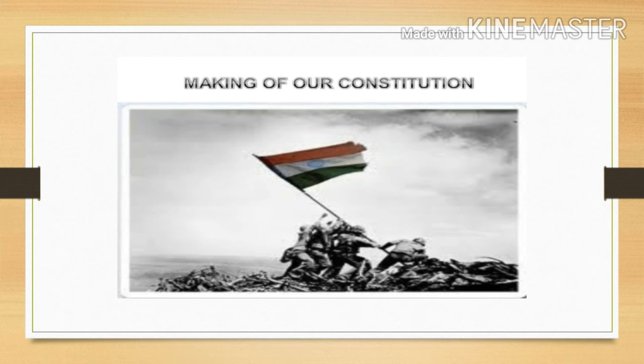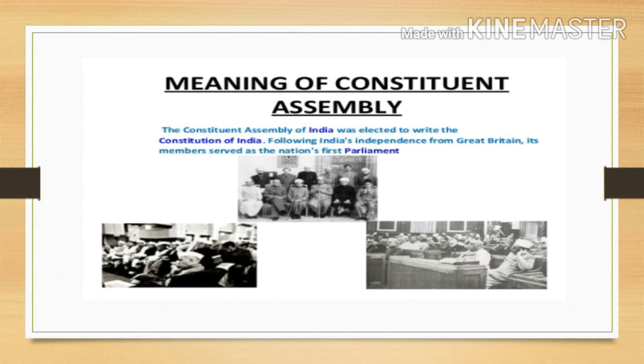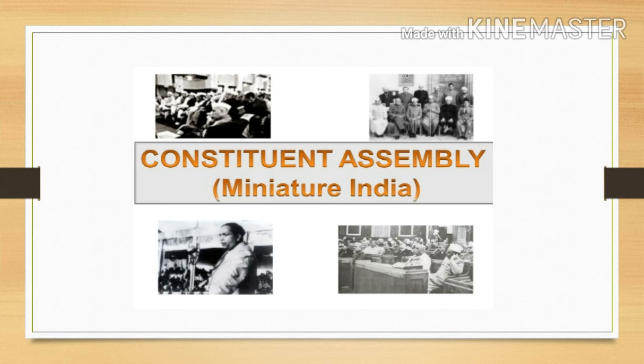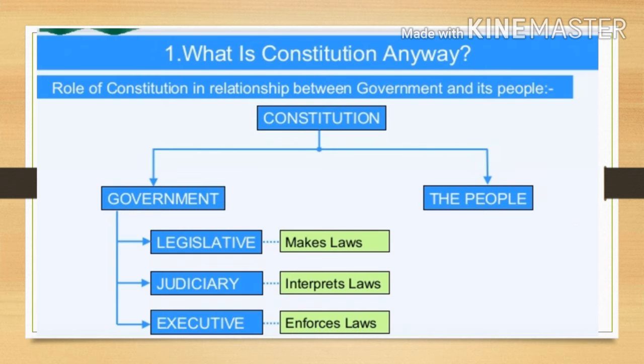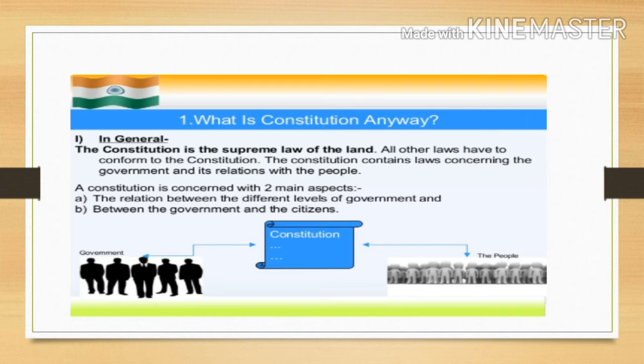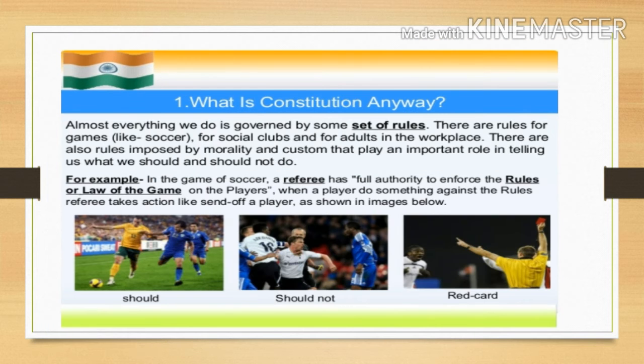While you have to understand in your own languages, it is easier to learn in English, and when questions are asked in the examination, you can point out the answers easily. The question is: why do we need a constitution?